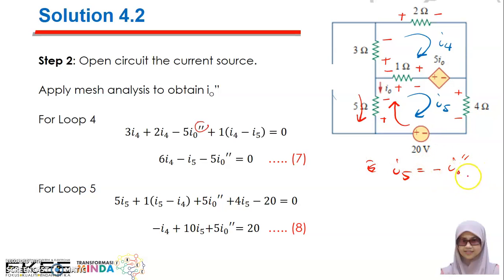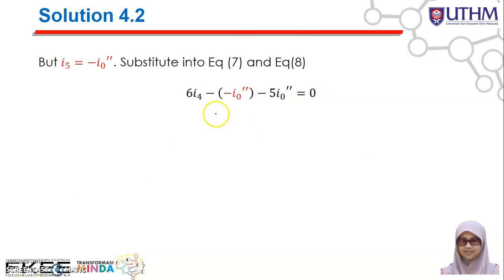You just substitute this into the equations, because you only have 2 simultaneous equations but 3 parameters. So you need to substitute so that your equation is left with only 2 variables. Then finally you have 6i4 minus 4i0 double prime equal to 0.